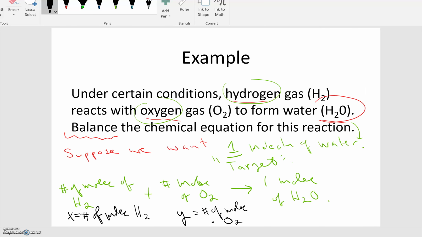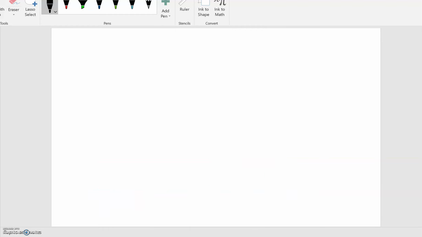So what I have at this point is x molecules of H2 plus y molecules of O2 gives me 1 molecule of H2O. Then we're going to figure out what x and y are.